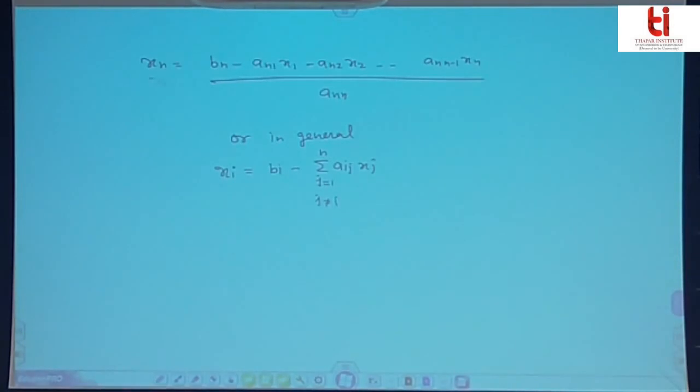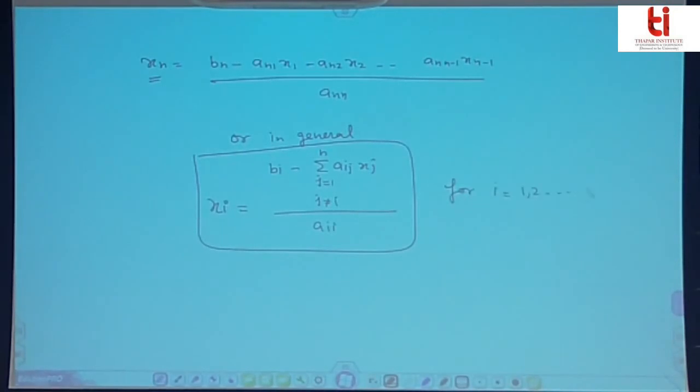If we are computing xn, then xn is not on the right hand side. This is for i equal to 1 to n.